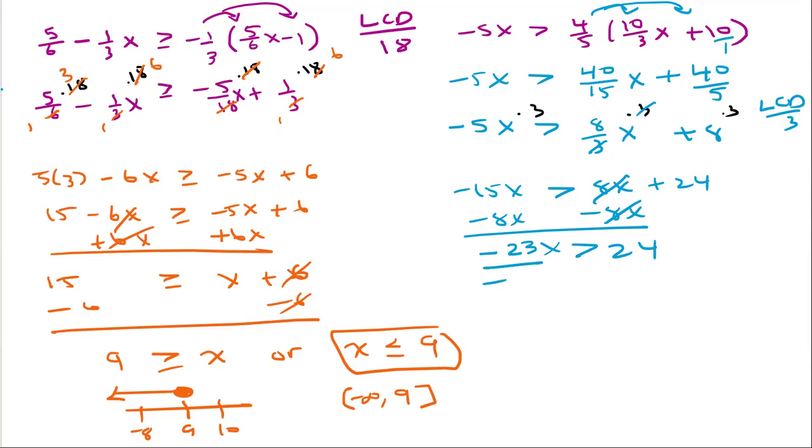And then we're going to divide everything by negative 23. So x, since I divided by a negative, I need to flip my sign. So x is less than 24 over negative 23.